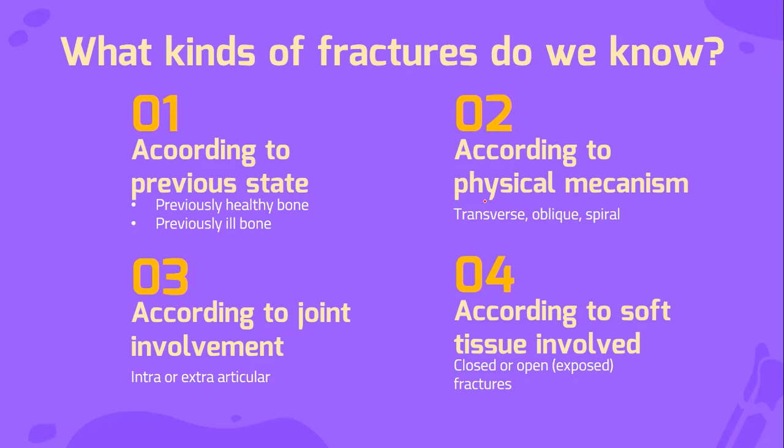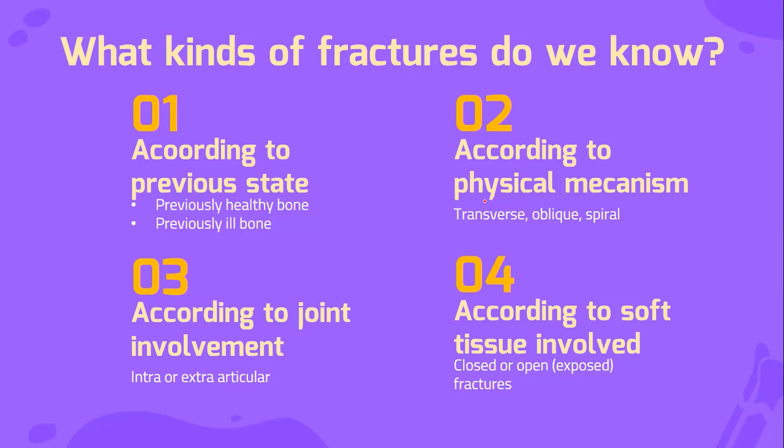However, we also have some fractures that occur on previously ill bones. What do I mean by this? Well, can anybody tell me what a pathological fracture is in English? Because I know that a lot of you have already read about this in the orthopedic subject.